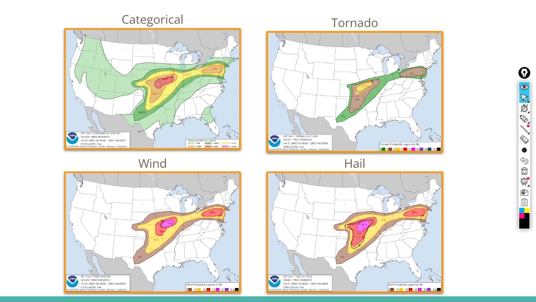Here's another look at our different areas, just to show you some of the stuff I was just telling you about. The hatched area is more based on coverage. You can see there's only one hatched area. That tells you significant severe weather is possible.